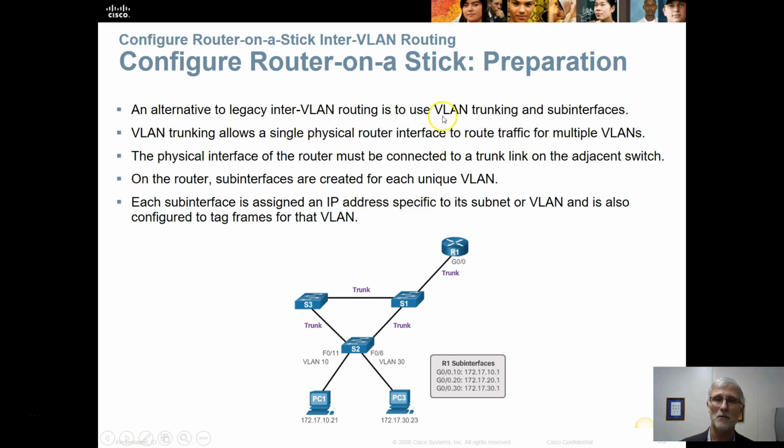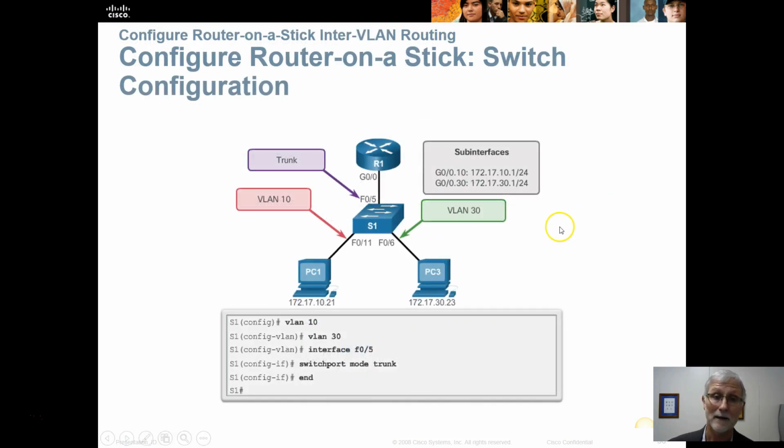But what you want to do is make sure you get your sub-interfaces. A single physical interface must be connected to a trunk link, must be unique for each VLAN, and each sub-interface is assigned an IP address that's in the same subnet. So here you've created the switch configuration.